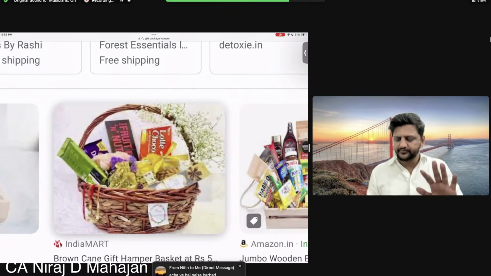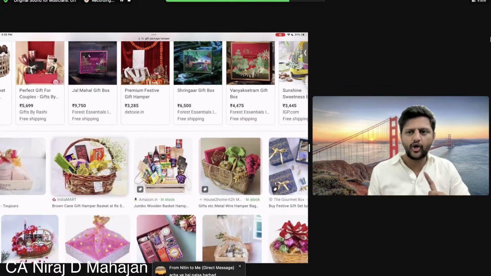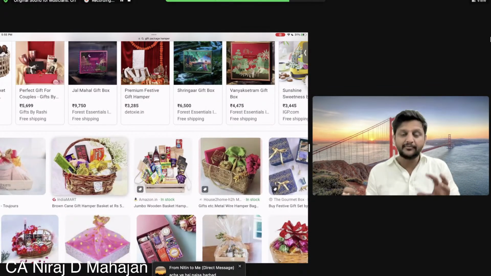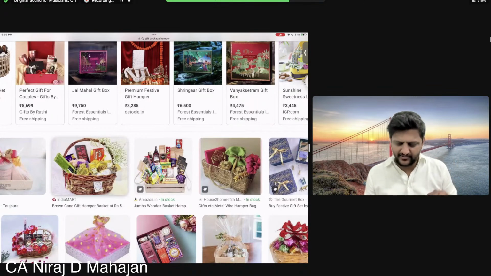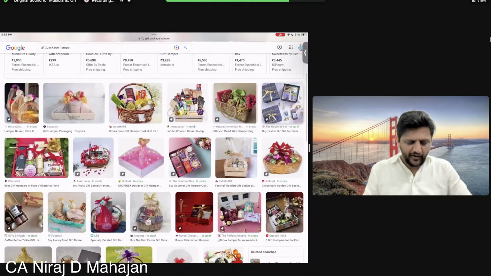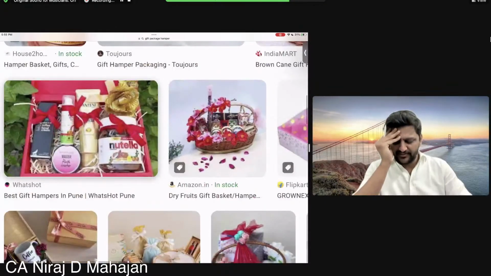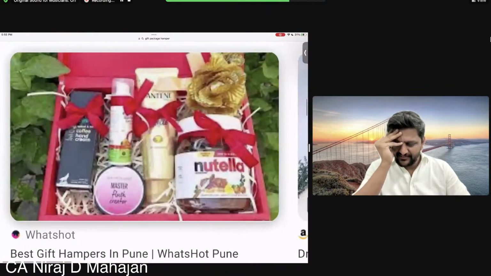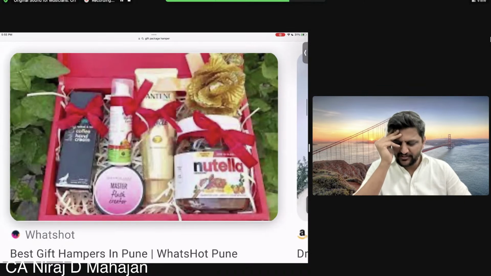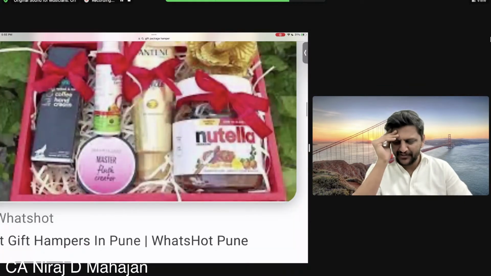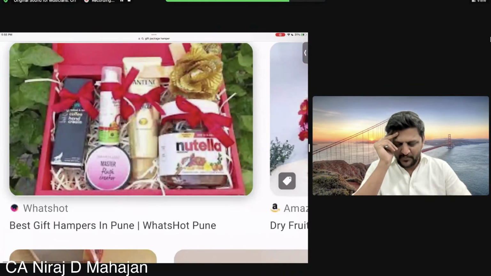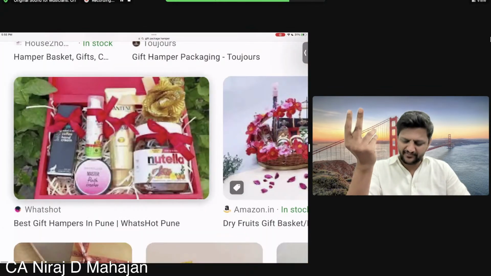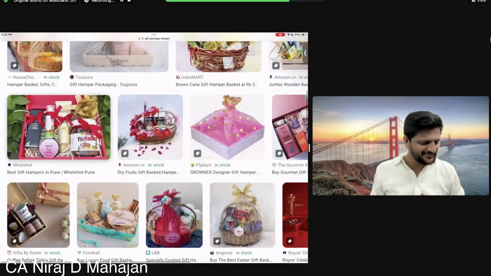This is mixed supply. This is not composite supply. Some earrings, cosmetics. Wow, look at the combination. Shampoo, other things I don't know, maybe a compact powder. Coffee, and Nutella. Wow.